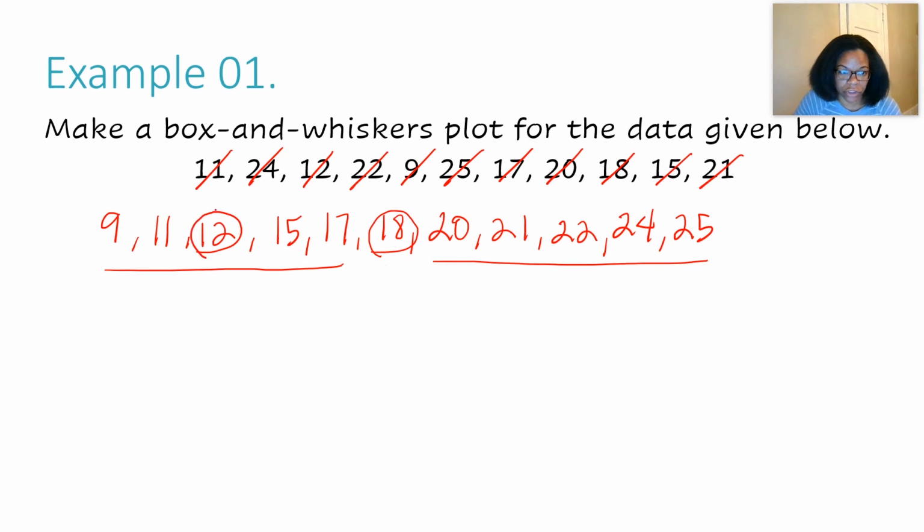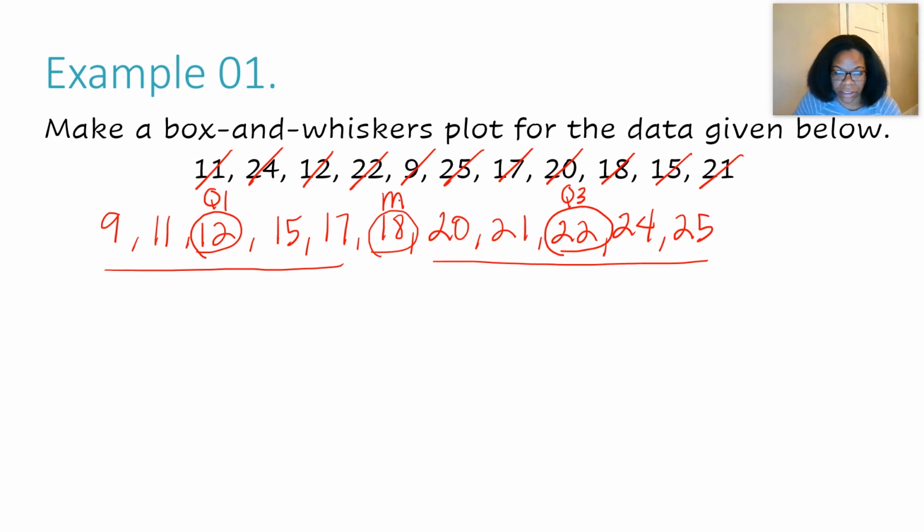So this is my first quartile. I'm actually going to write a Q1. I'm going to write an M above the 18 because that was my median. And then I'm going to calculate the median for this portion, which can also be referred to as the upper quartile. And I can see that the median here is going to be 22, and I'll label this Q3.